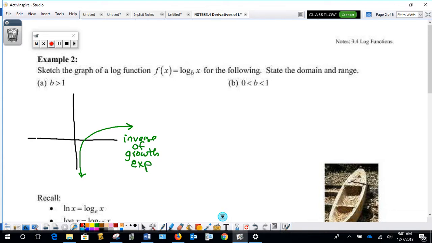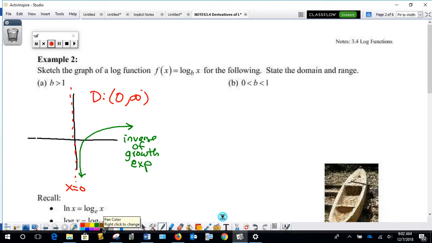The important thing is all exponential functions have a horizontal asymptote at y equals 0. All log graphs have a vertical asymptote at x equals 0. Okay. Also tells us the domain of the log graphs, 0 to infinity, because it's the range of the exponential.